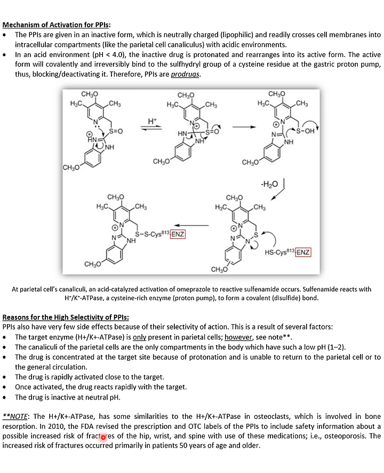That's why in 2010 the FDA revised the prescription and OTC labels for the proton pump inhibitors to include safety information about the possibility of increased fractures of the hip, wrist, and spine with the use of these medications, basically causing osteoporosis. The risk increased mainly in patients 50 years old and older.